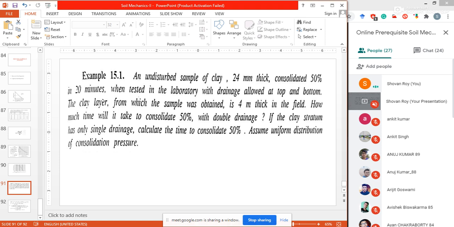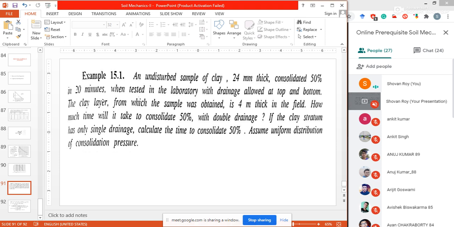Now, as you can see, an undisturbed sample of clay 24 mm thick consolidated 50% in 20 minutes when tested in the laboratory with drainage allowed at top and bottom.